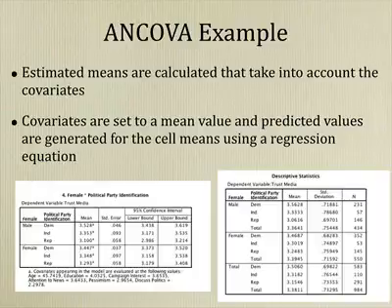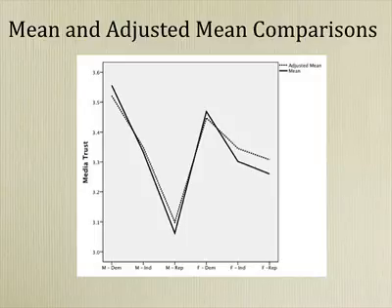But again, what you should report in your write-up, I think, would be the adjusted means, and you should reference them as means that have been adjusted for the covariates in the analysis. If the covariates are important enough to include in the analysis, it seems to me that the means that include that adjustment or those adjustments should be reported.